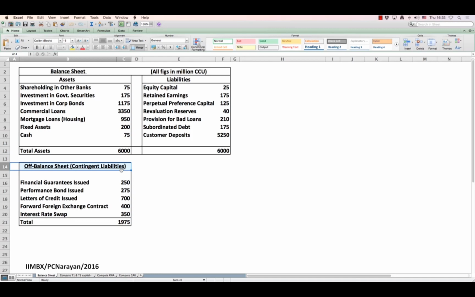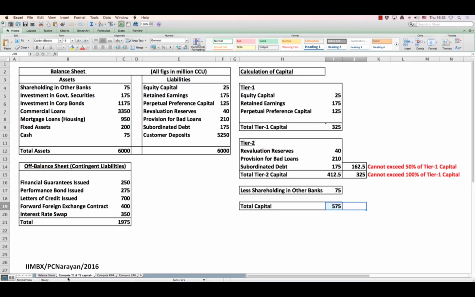Having understood the balance sheet, both the asset side and the liability side, let's now look at how to compute the tier 1 and tier 2 capital. If you look carefully at the worksheet that's in front of you now, what is classified as tier 1 capital, which is equity capital, retained earnings and perpetual preference shares, are actually on the top 3 lines of the balance sheet right here.